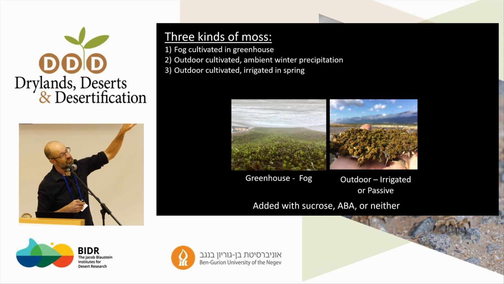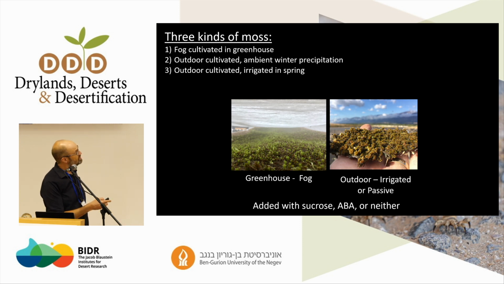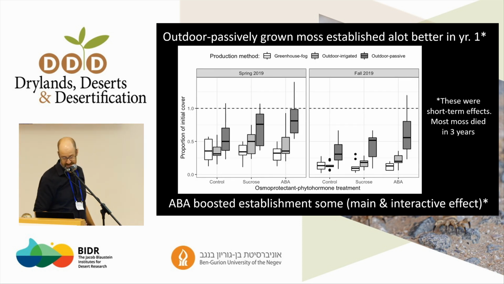And the other one was allowed to continue growing into the spring with supplemental irrigation, okay? So this is our system, and all 3 kinds of moss were treated with sucrose or ABA, abscisic acid, or neither. And this is what we saw.